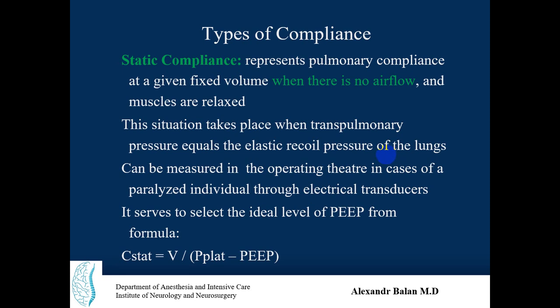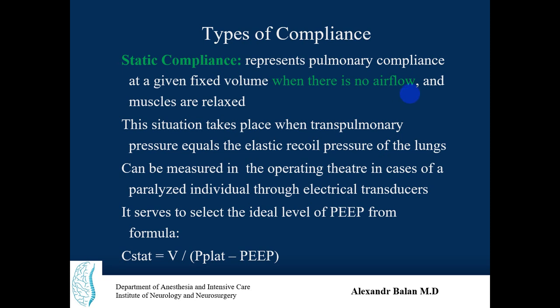It represents pulmonary compliance at a given fixed volume, when there is no airflow and the muscles are relaxed. So this equation is used mostly for a patient who is on orotracheal intubation or any other connection to a ventilatory machine, and muscle relaxants or neuromuscular blocking agents are applied.